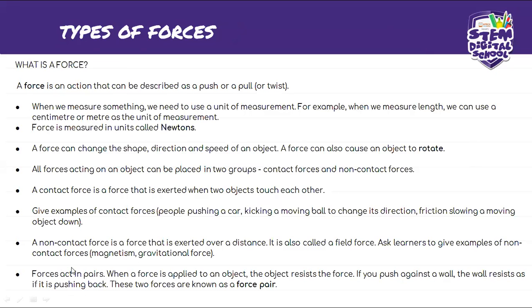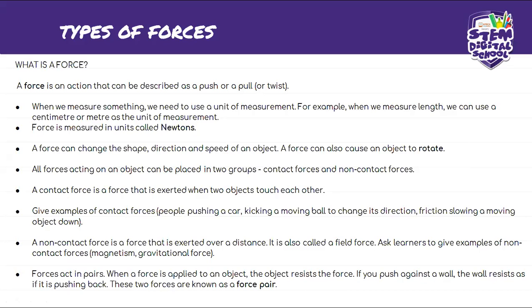Now look at the last bullet. Last bullet is: forces act in pairs. When a force is applied to an object, the object resists the force. If you push against a wall, the wall resists as if it is pushing back. The two forces are known as a force pair. Now listen to the word force pair. So if I'm pushing against the wall, one force is force of me on wall.